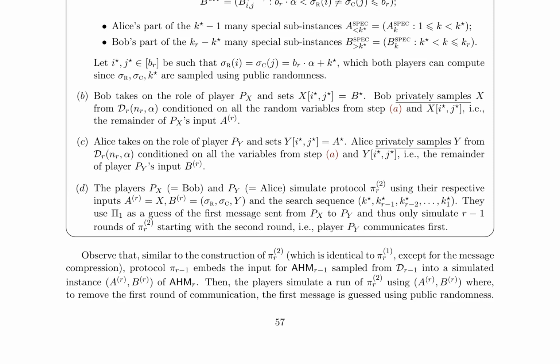The protocol pi R-1 embeds the input for AHM-R-1 sampled from D-R-1 into a simulated instance A-R, B-R, of AHM-R. Then, the players simulate a run of pi 2 R using A-R, B-R, where, to remove the first round of communication, the first message is guessed using public randomness.